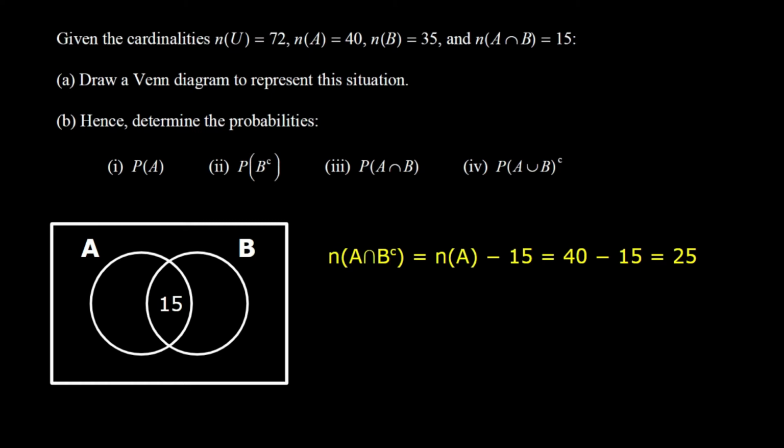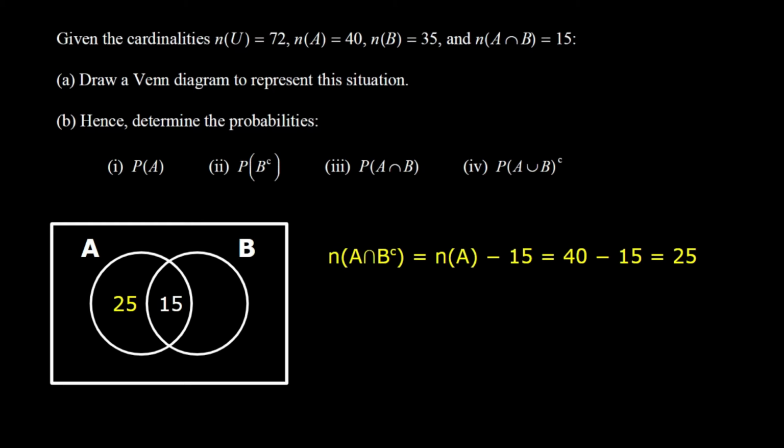You can use the backslash or different set notation, but I chose just to say the number of outcomes in A and not B is the number of outcomes in A minus 15, 40 minus 15, or 25. If that's not clear where I am in the Venn diagram, I'm in the A only part. And note, if you add 25 and 15 together, you get 40, which tells me we're on the right track. We have at least the total number of outcomes in event A correct as of now.